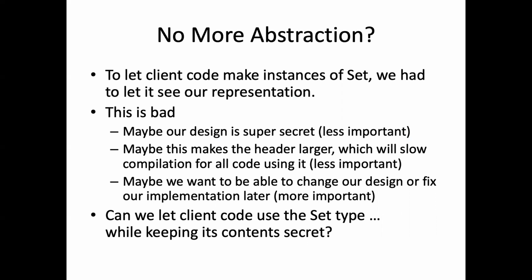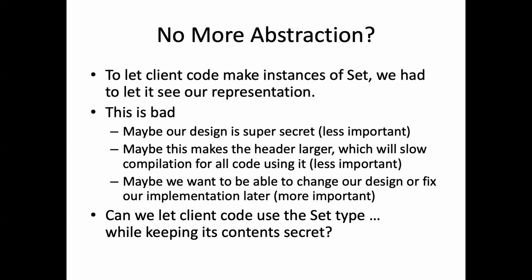And I've listed some reasons why here, and they vary in importance. Maybe your implementation is really secret and you don't want other programmers to know about it. That's probably not that realistic, but maybe that's important to you. Making the header larger is computationally more expensive. Every time someone uses your header, the compiler has to go get the code for that header. So a giant header file is more expensive to compile against.